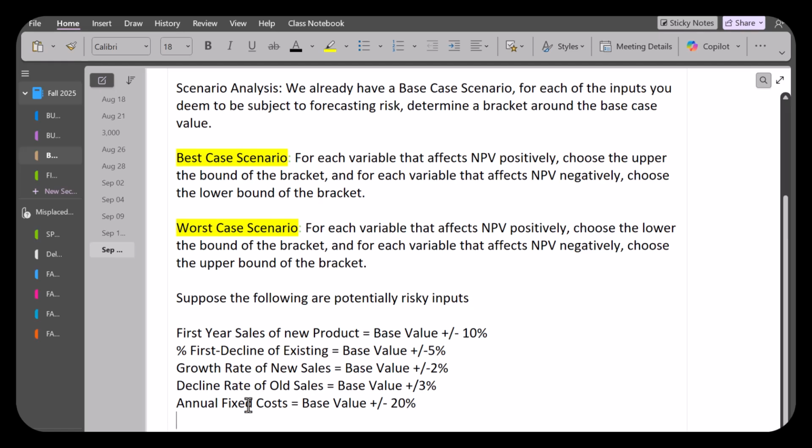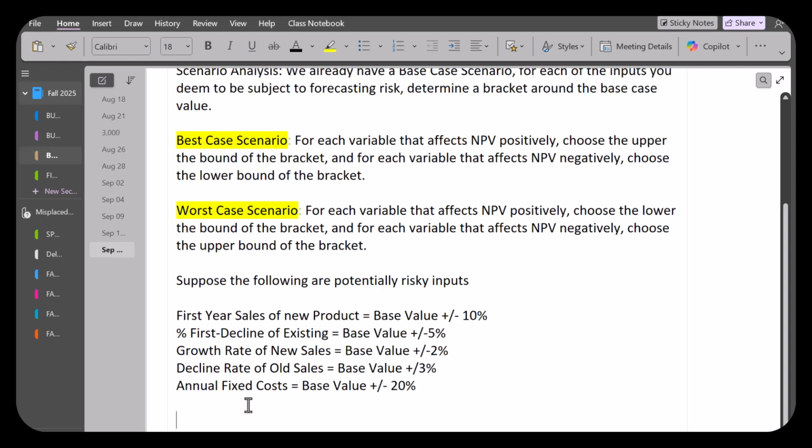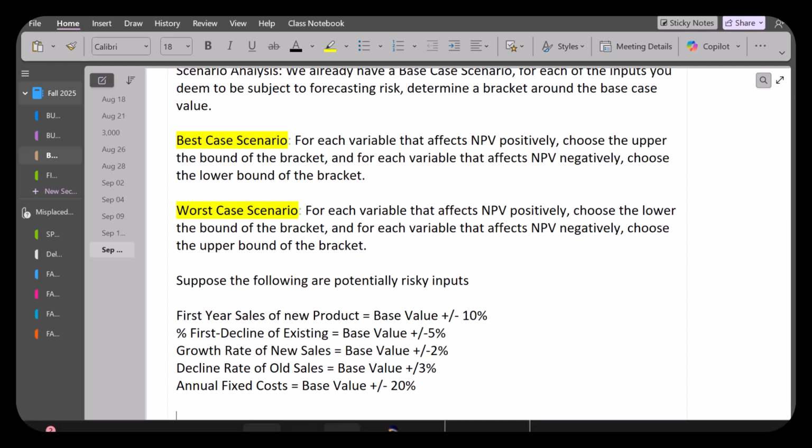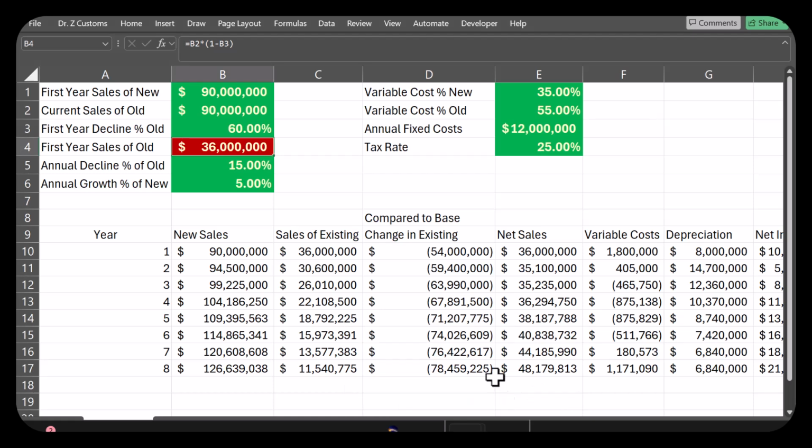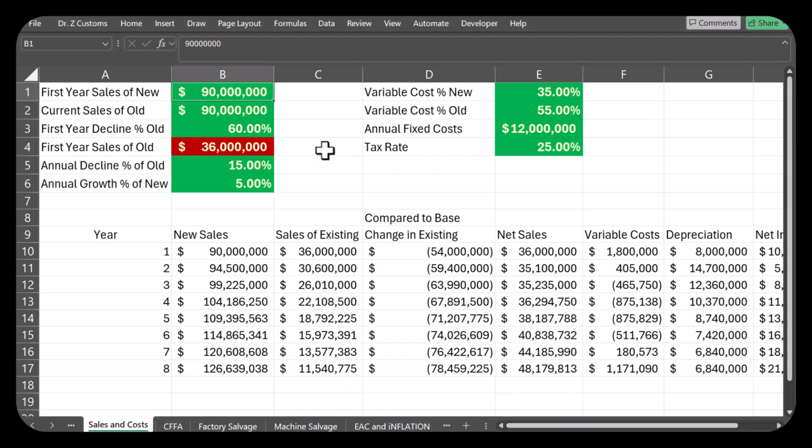So let's do a calculation on the best case scenario. For the first year sales, I'm going to do plus or minus 10% of that.